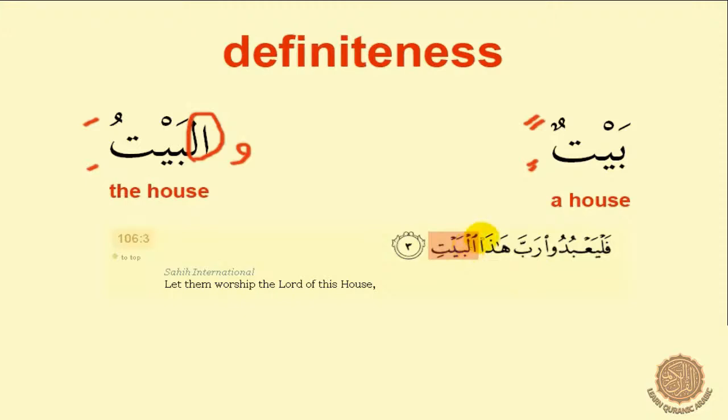Now, here we have the word هذا. So, هذا and al-bayt. So how do we pronounce it? It's هذا البيت. So it's not هذا البيت. You don't pronounce this hamzat al-wasl here. So you go from this alif to this lam. هذا البيت. If it started the sentence, it would be al-bayt.